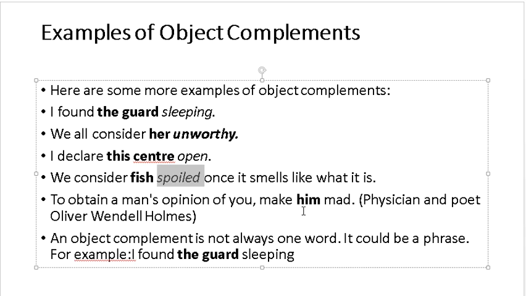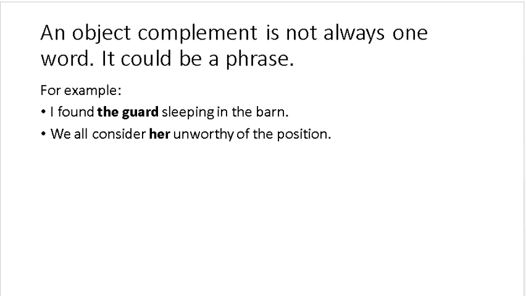To obtain a man's opinion of you, make him mad. You make him mad. You are not mad. You are the subject, whereas him mad is the object with its complement. An object complement is not necessarily only one word. It could be a phrase. So here we can see an example of a phrase. We found the guard sleeping in the barn.